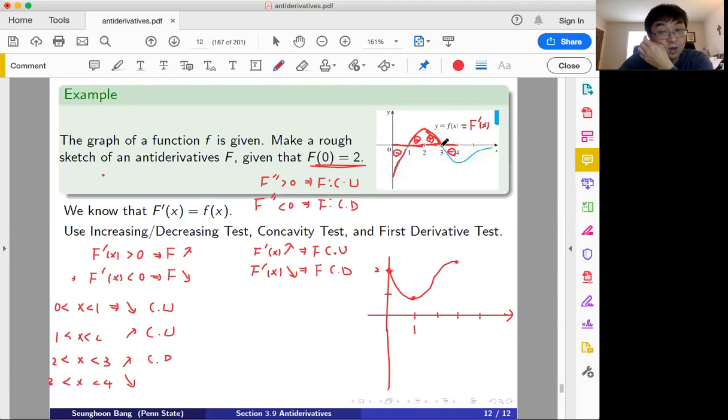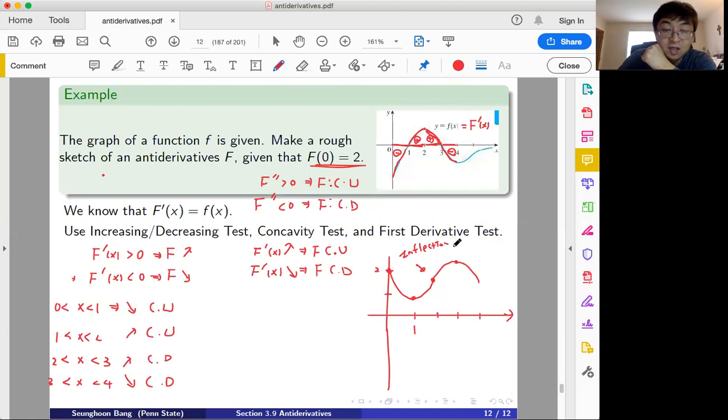Concave down, because f is decreasing. So F is decreasing and concave down. Here is a local maximum. What happens at 3? This is an inflection point, where concavity changes.